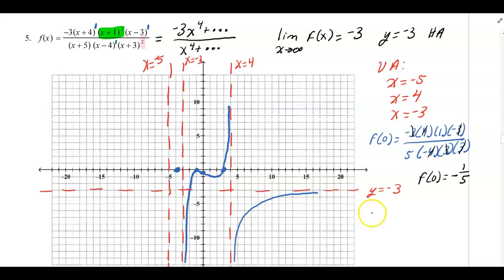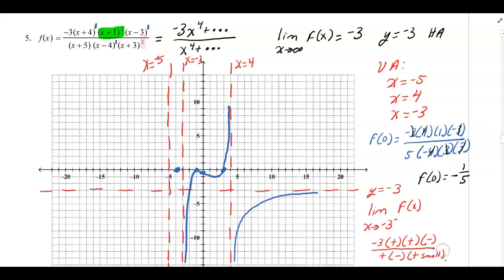Now to the left of negative 3, we could find the limit as x approaches negative 3 from the left, which means I'm plugging in something like negative 3.000001. So I get negative 3 times a positive times a positive times a negative, divided by a positive times another positive, negative for the x minus 4, times a positive, and that number is small.